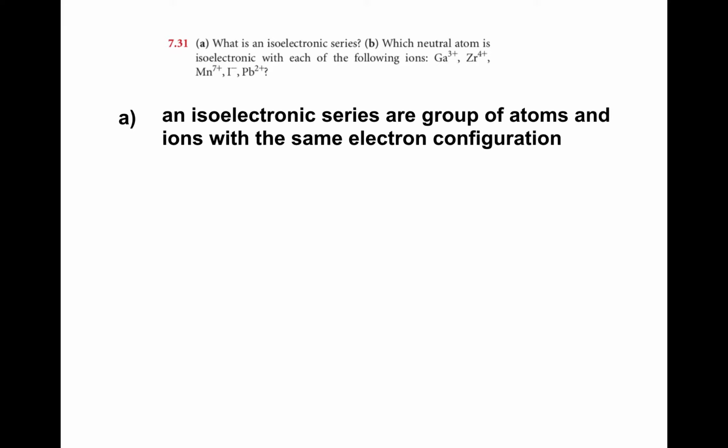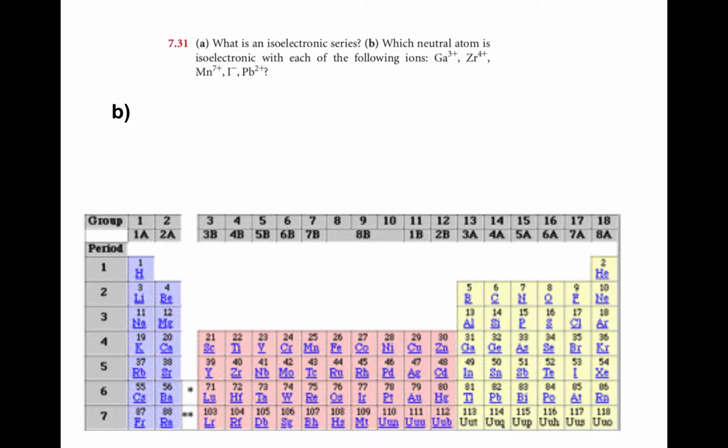What is an isoelectronic series? An isoelectronic series is when a group of ions and atoms have the same electron configuration. Which neutral atom is isoelectronic with each of the following ions? Okay. So if we're looking at gallium 3+, right, that's gallium losing 3 electrons.